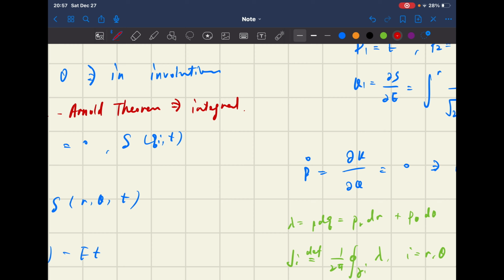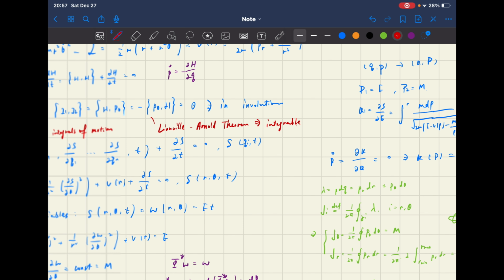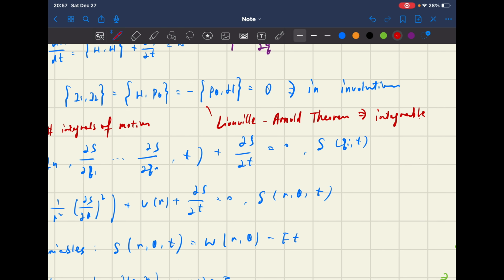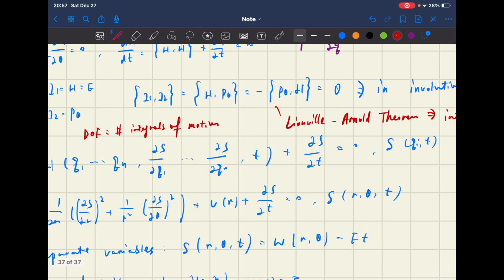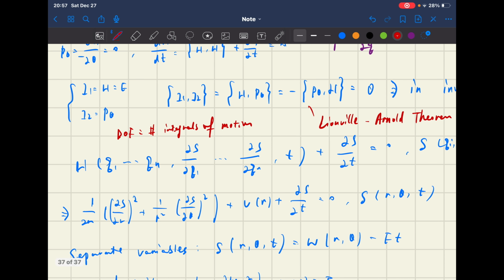By the term integrable, it means that the system is perfectly solvable and perfectly predictable. You could predict the state of the system at any time. Yeah, that's a very good thing for us physics learners.